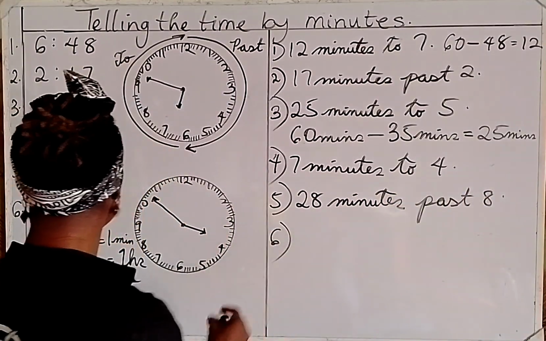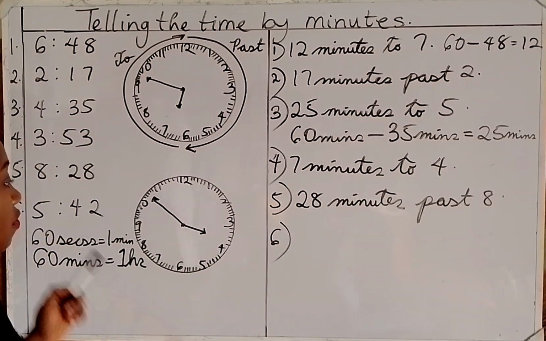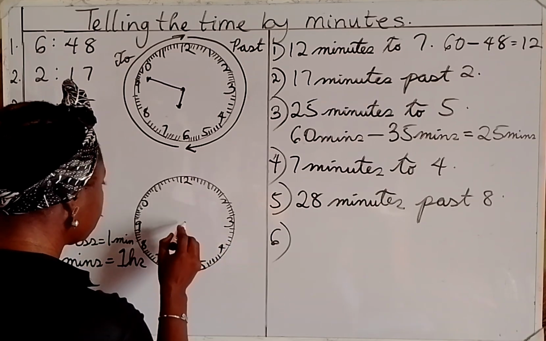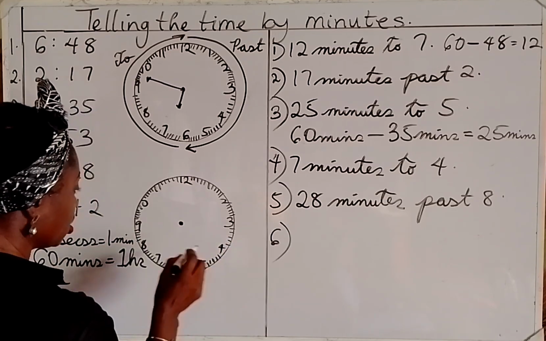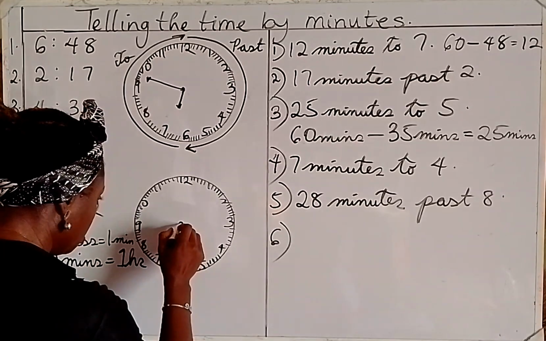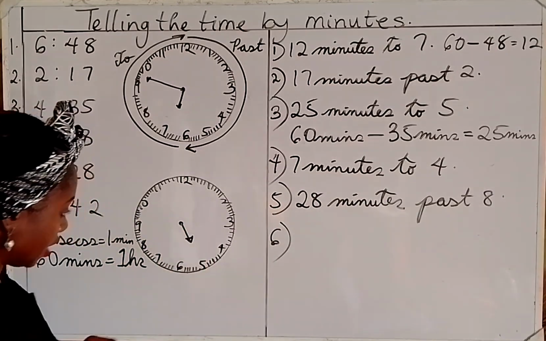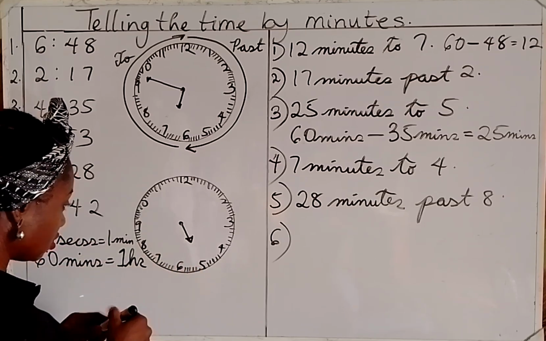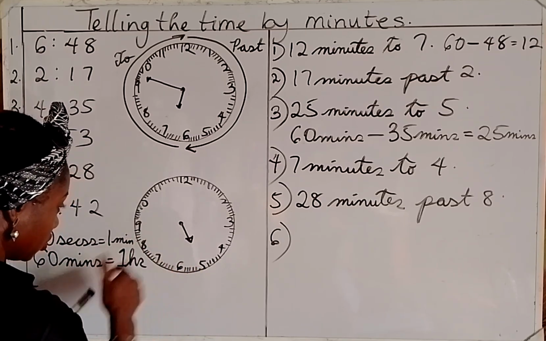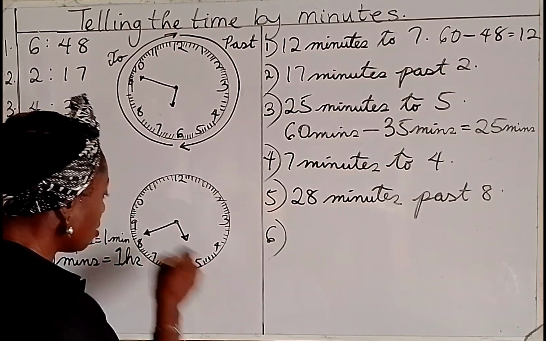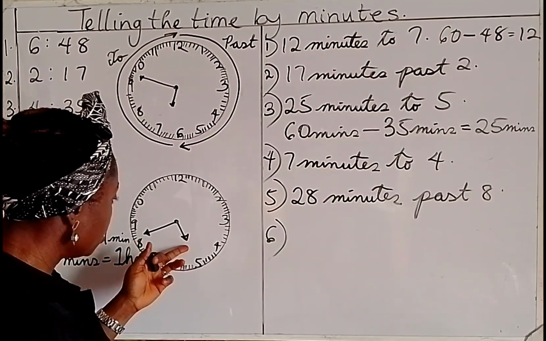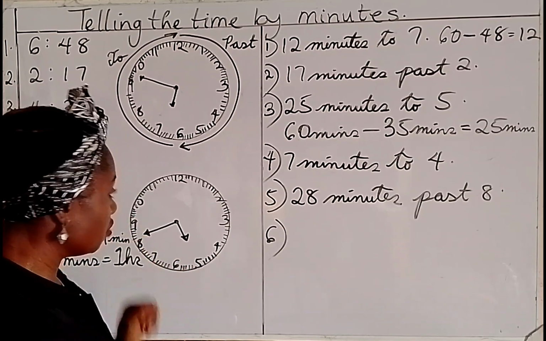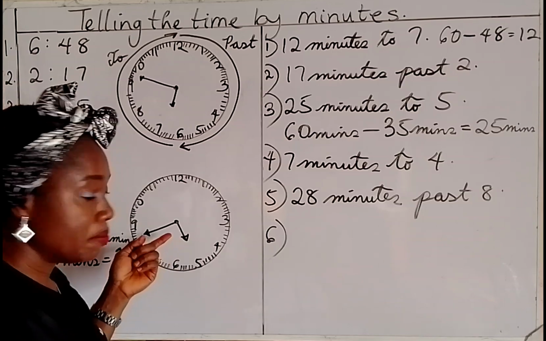Alright, then the last question, 5:42. The short hand, which is the hour hand, will be a little bit away from 5, going to 6 now, and the long hand is on 42. Then for 42 minutes, we count: this is 30, 35, 40, then 42 is somewhere here. So how do we get the minutes here?